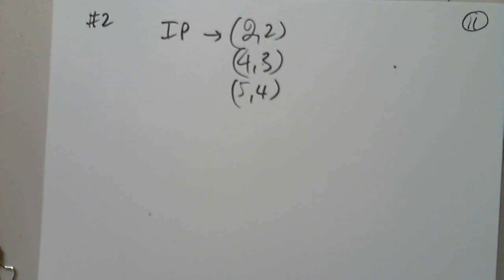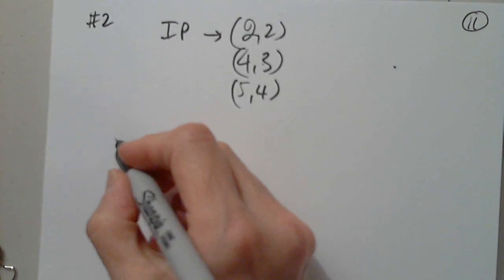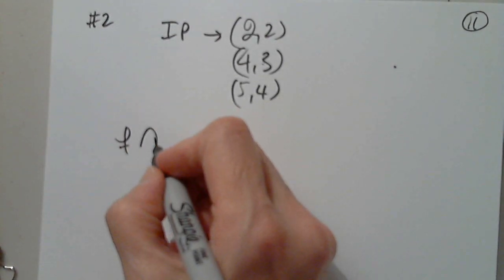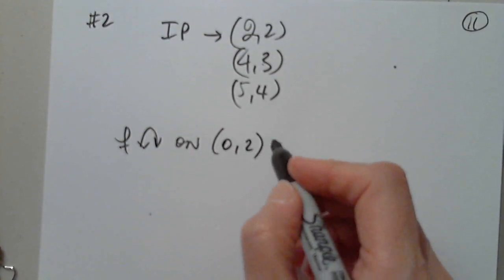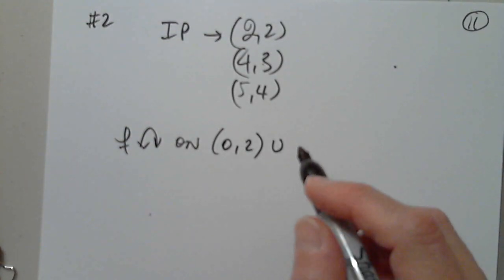Yes. So the function is concave downward between 0 and 2, sorry, and also between 4 and 5. So I'm going to write it: f concave downward on 0 to 2 union 4 to 5.